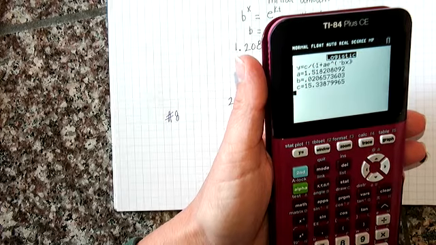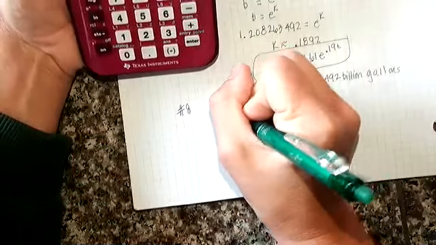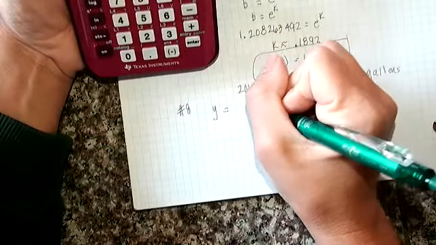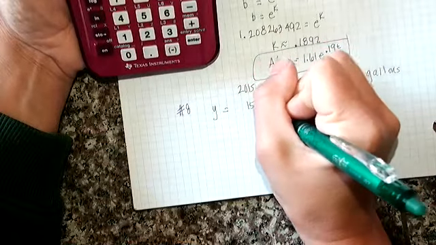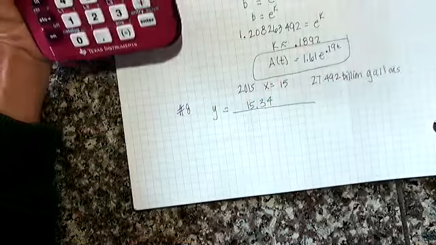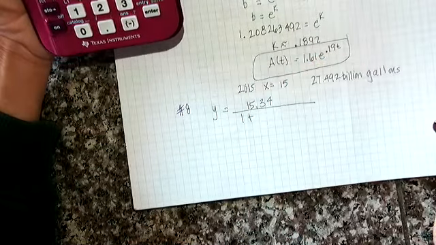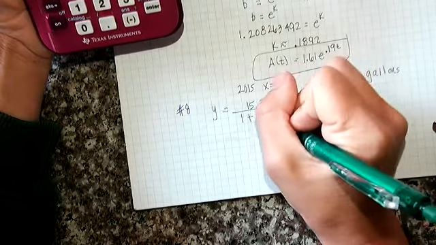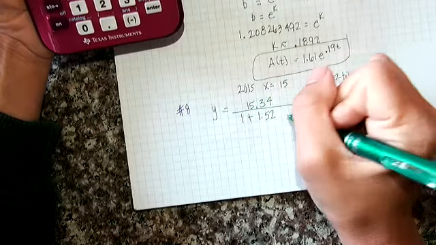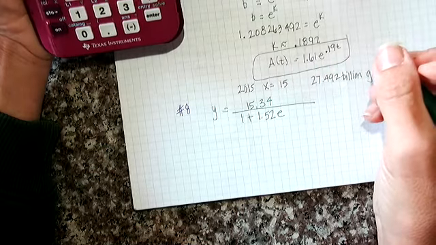So if we create our logistic model, that is going to be y equals C, which is 15.34, I'm not going to abbreviate, round, over 1 plus A, which is 1.52, e to the negative bx.